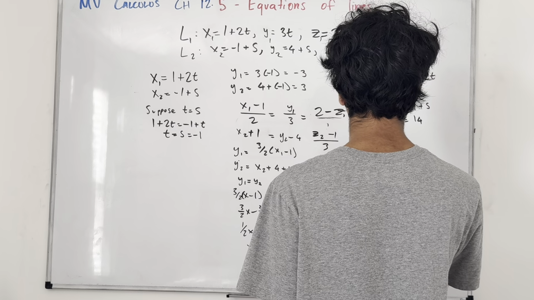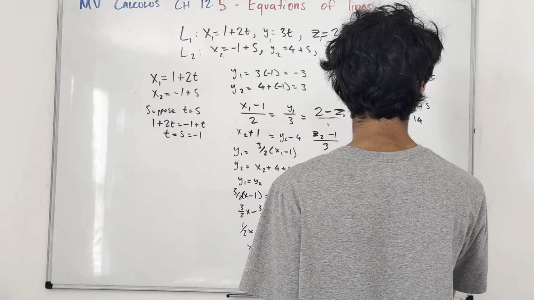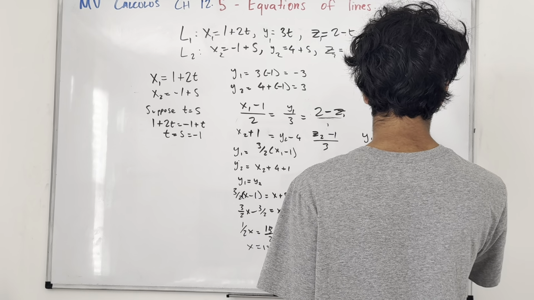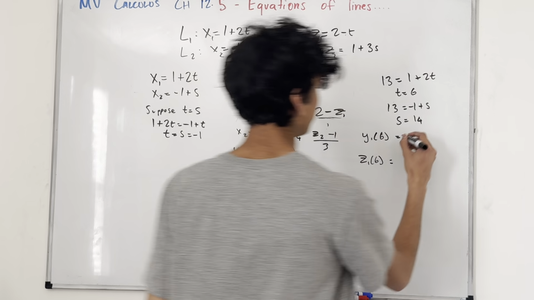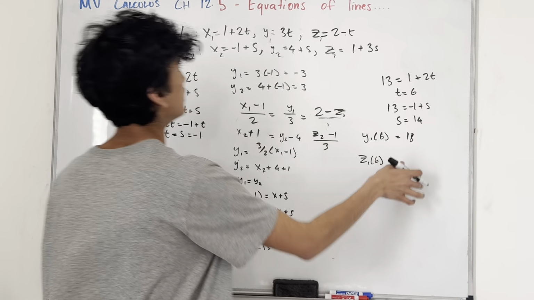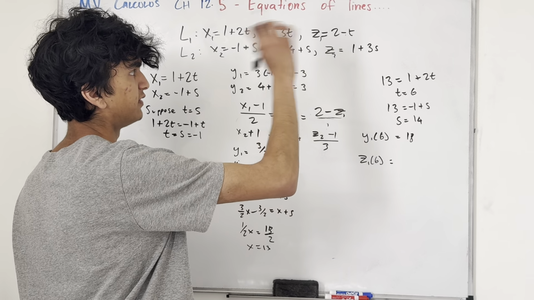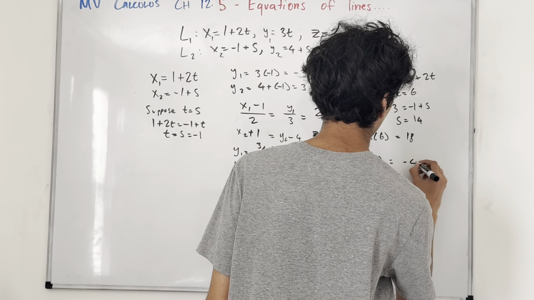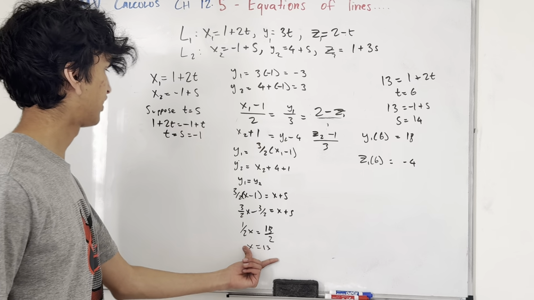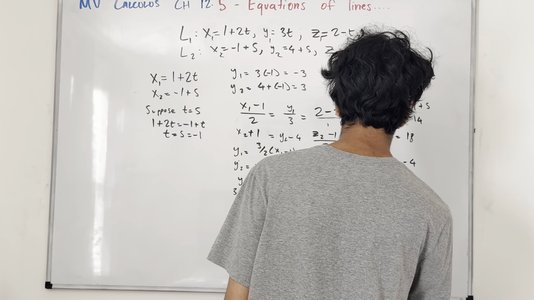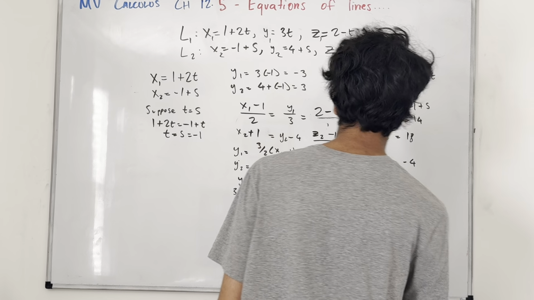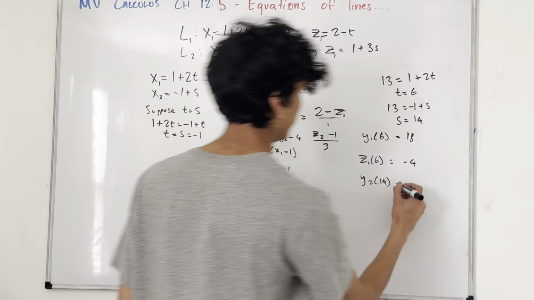What is z1 at t equals 6? We can just really quickly solve for those. So 6 times 3 is 18. 2 minus 6 is negative 4. And I know that at this x value, the y's are the same. So I know y at s equals 14 is also 18, but you can check that. 14 plus 4 is 18.